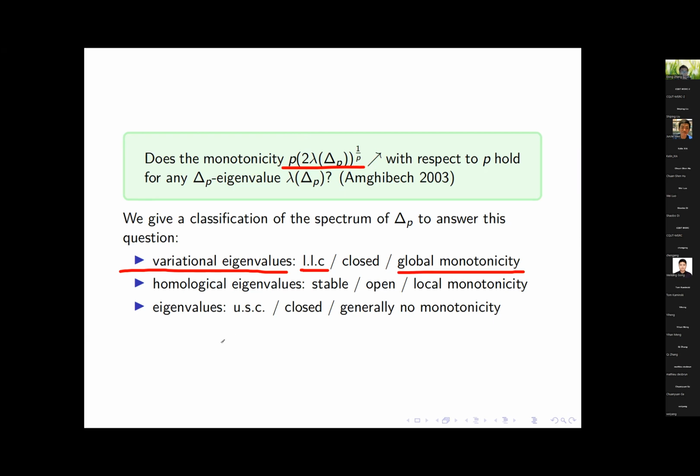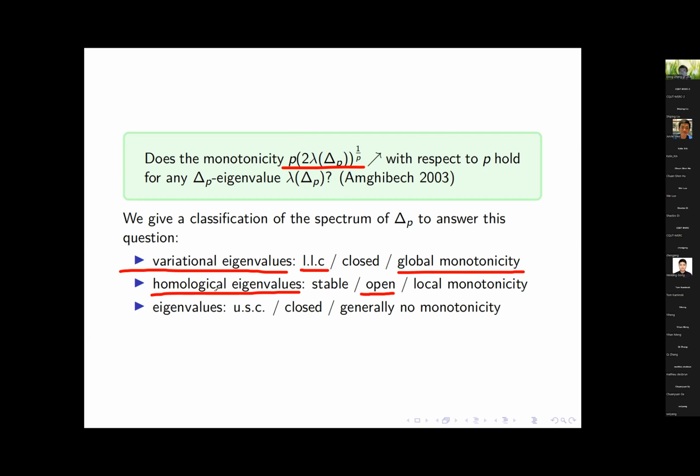And if we look at the homological eigenvalues, then they are stable, but they are open. In fact, they are not closed under taking limits. That means the limits of homological eigenvalues of the p-Laplacian with respect to p are not always homological eigenvalues.